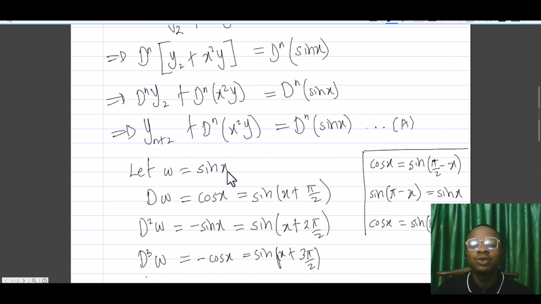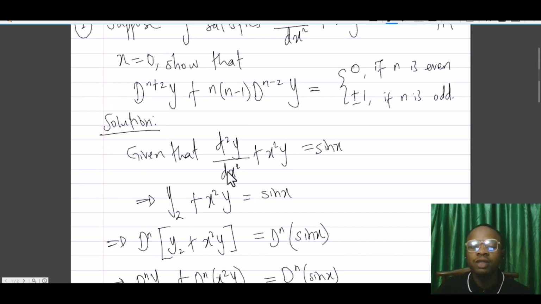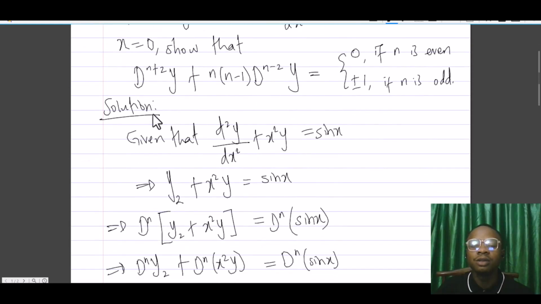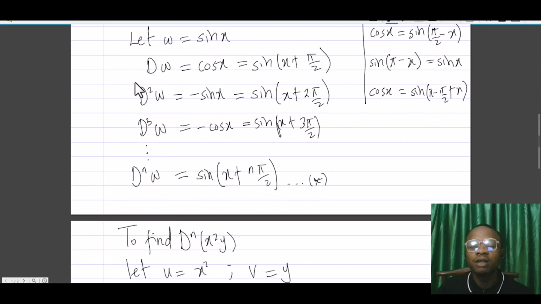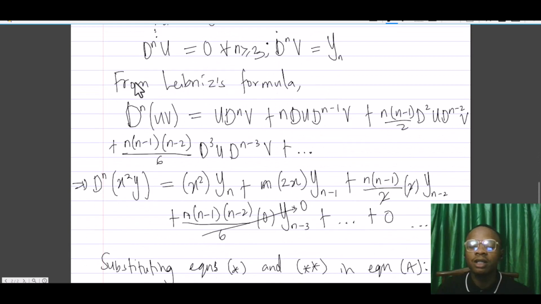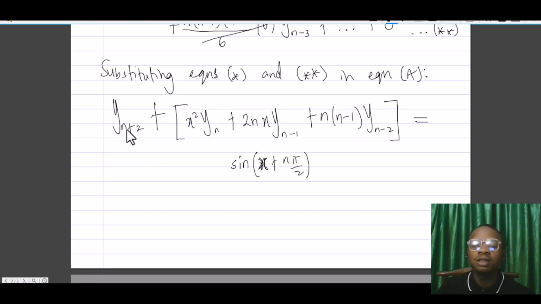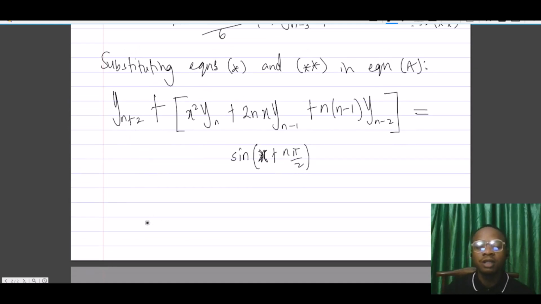We have been asked to show that. So looking at the expression we have here, we have been asked to show that this is going to be equal to this expression at x equal to 0. If we want to use the notations that they have used here, then y sub n plus this expression is the same thing as what they wrote up there as the n plus 2 y.